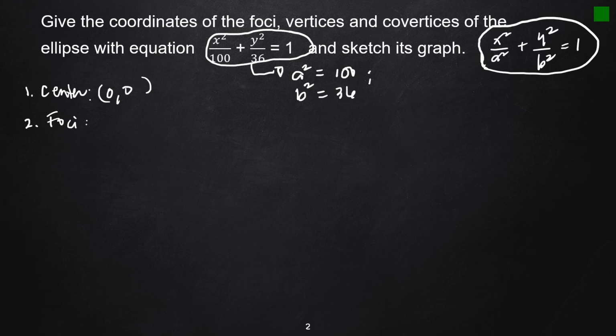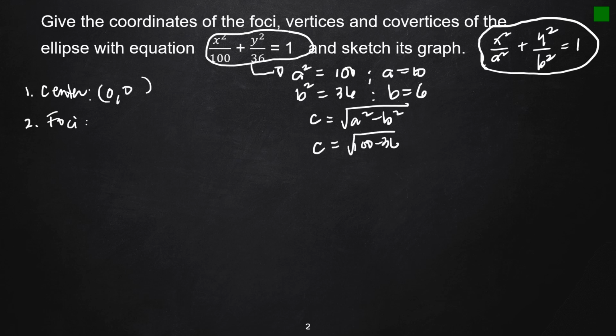Therefore, a is equal to 10 and b is equal to 6. To solve for c, c is equal to the square root of a squared minus b squared. Therefore, c is equal to the square root of 100 minus 36, and so c is equal to the square root of 64, and we have c equal to 8.